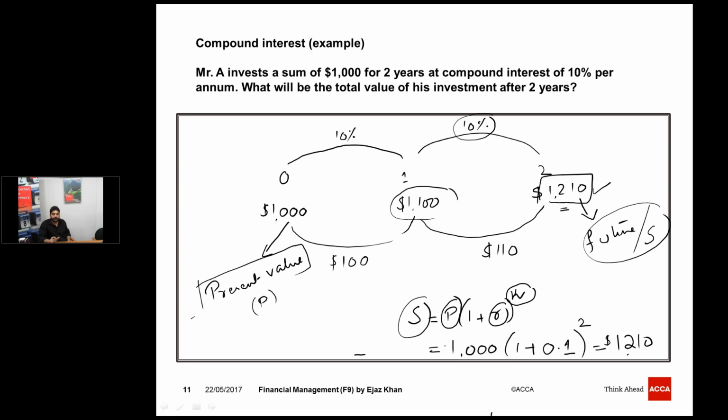And whenever we calculate the future value, we will be including the return in the investment to get the total value of the investment. We can use the same formula, S = P × (1 + R)^N, for calculating P as well.